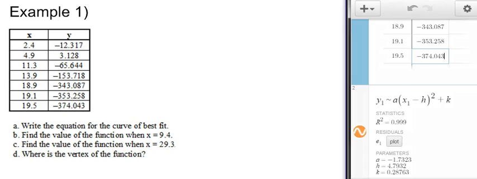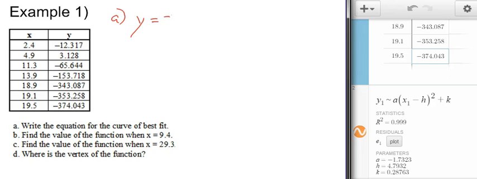And so for my problem, I would just come over here and I would say for problem A, my equation for the curve of best fit is going to be y equals negative 1.732, and you can go ahead and round off to the thousandths place on all of these, times x minus 4.793.